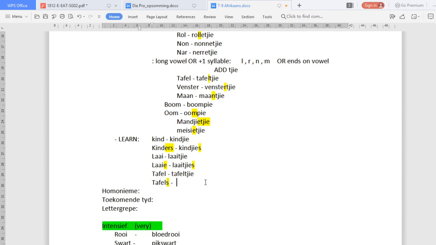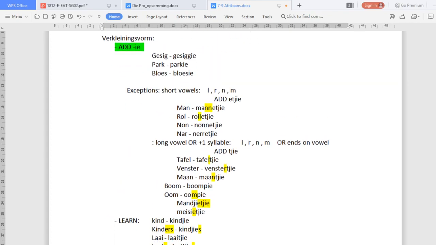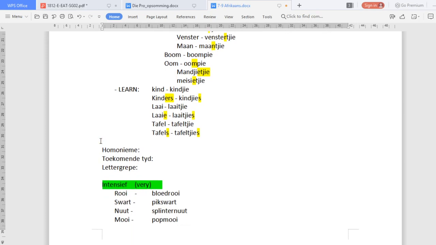But we can't put a plural in the diminutive, so we go back to the base, tafel, we say tafeltjie. And we add an S, because that's the plural. Okay. So that's the diminutives you need to know for now. We will do some more later on.